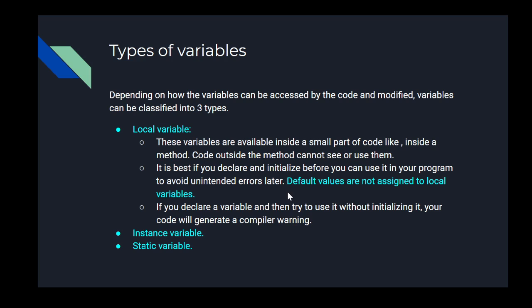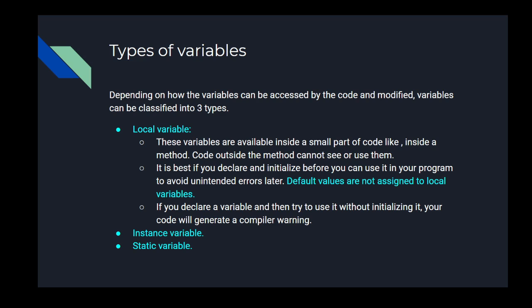There's a bunch of types of variables. Depending on how the variables can be accessed by the code and modified, variables can be classified into 3 types. The local variable: those variables are available inside a small part of code inside a method. Code outside the method cannot see or use them. It is best if you declare and initialize before you use it in your program to avoid unintended errors later.